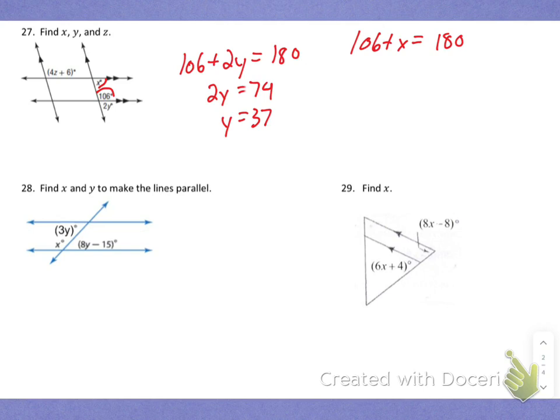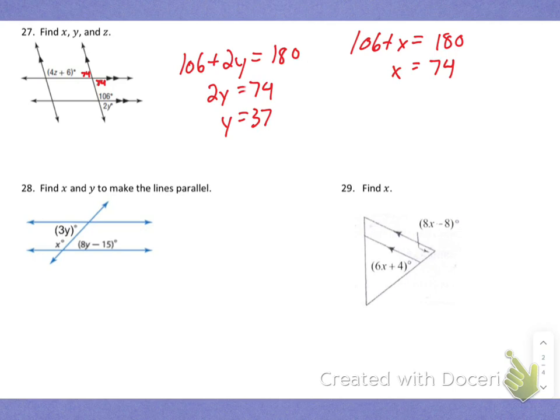And then I take 180 minus 106. X is going to be equal to 74. So I know now that this is 74 degrees. So that means this is 74.